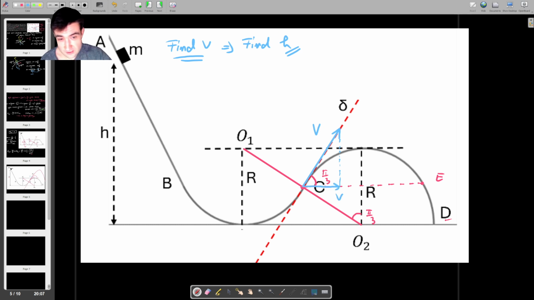Actually, I'm not going to call it v, I'm going to call it u. So the horizontal component is u cosine of pi over 3, or u cosine of 60, I think that's a bit more common. And the vertical component is u sine of 60.